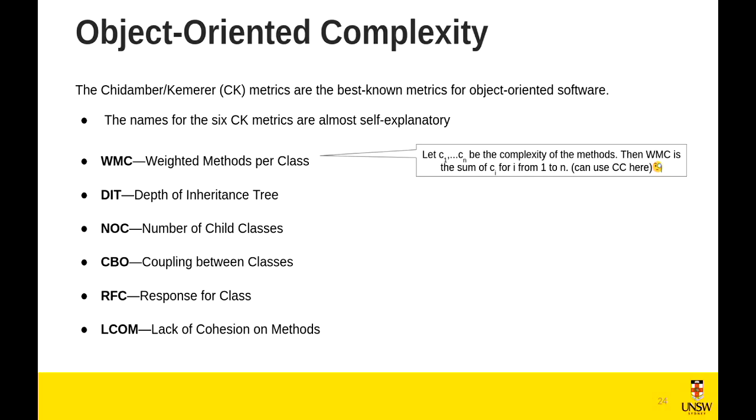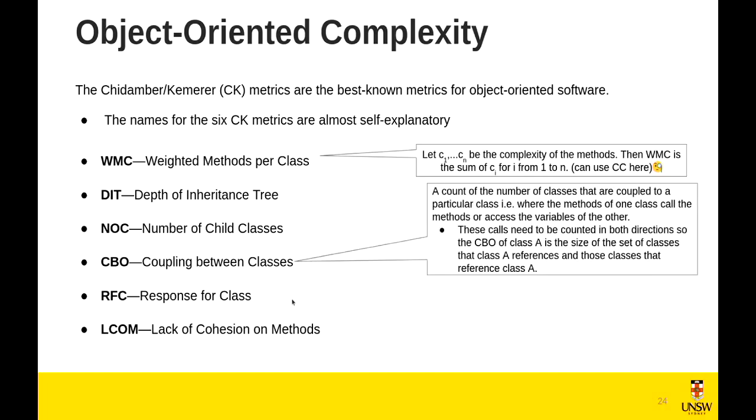Then we have coupling between classes, CBO, which counts the number of classes that are coupled to a particular class. We need to count this CBO for each individual class, and it is counted where one of the methods of one class calls the methods or accesses the variables of another class.